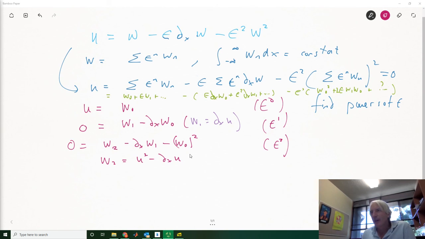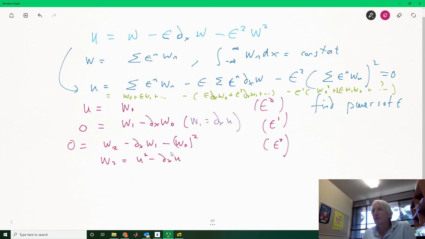Sorry, whoops, what have I done wrong here? w2 is w naught squared plus the x derivative of w1, and w1 is the x derivative of u, so it's d squared u. Okay, so that's the epsilon cubed conservation law.